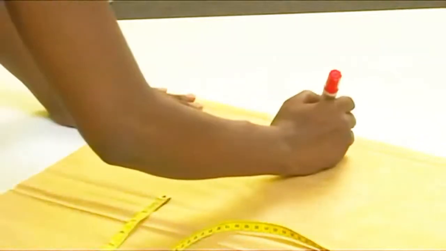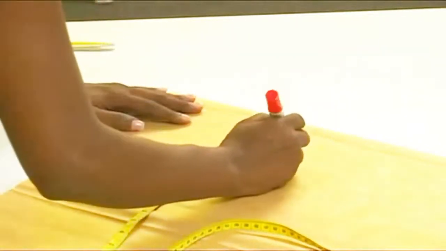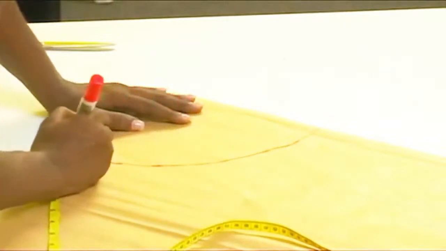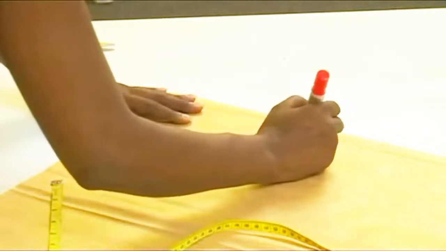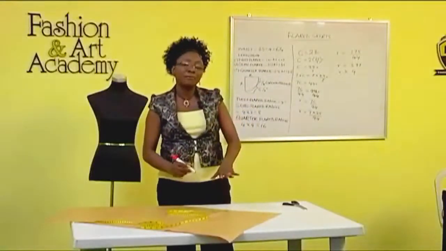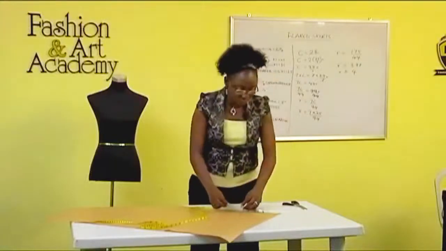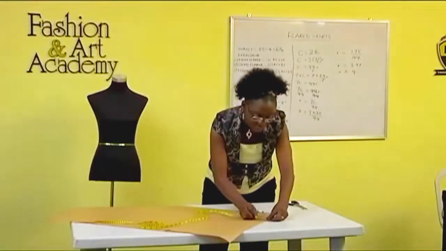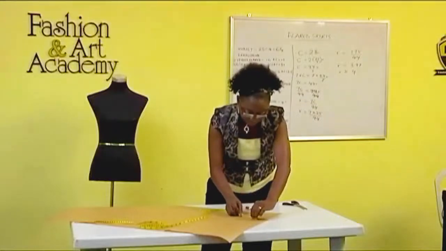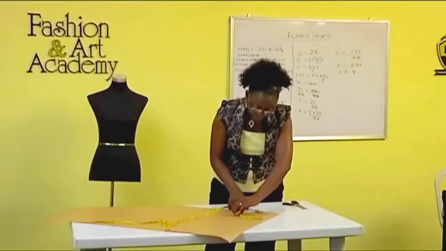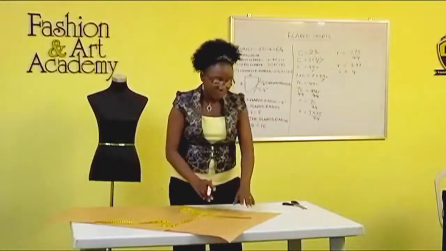Okay, so I've done that, so I'll just connect my dots. Now this should give me half of my waist. So that means what I'm looking for is 12.5 inches. So let me check that. Yeah, we're on the right track.